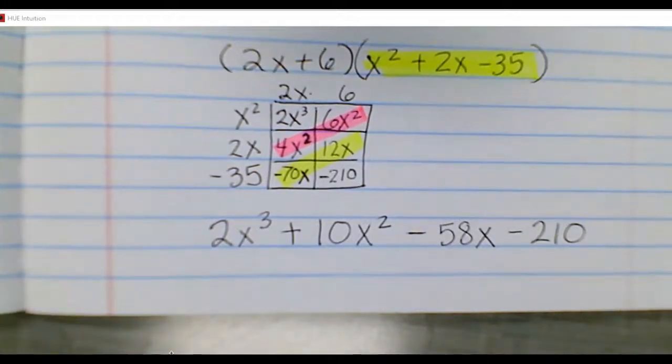Was it really more difficult? It just had more steps because I had a binomial times a binomial times a binomial. And you can only multiply 2 at a time. Multiply 2, get an answer, take that answer, and multiply it by the third one.